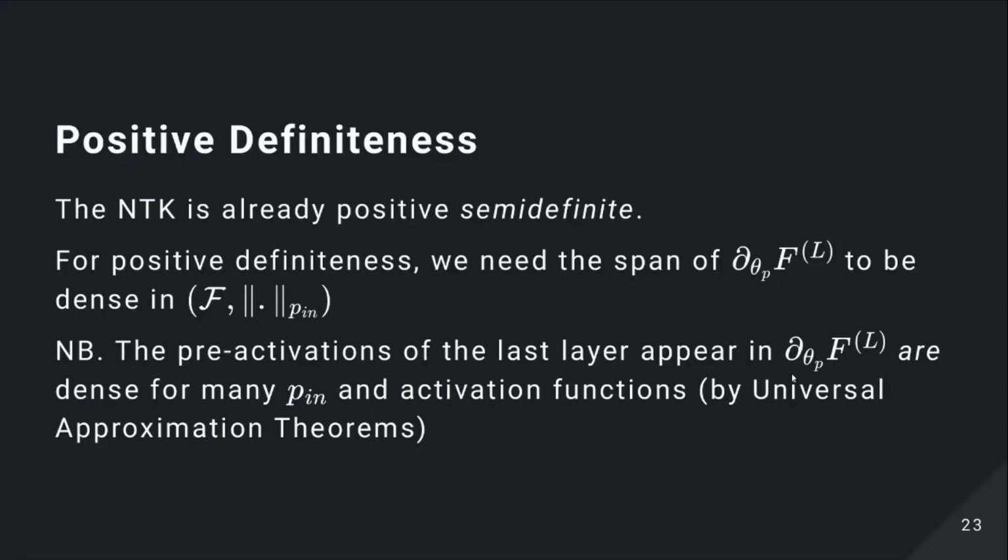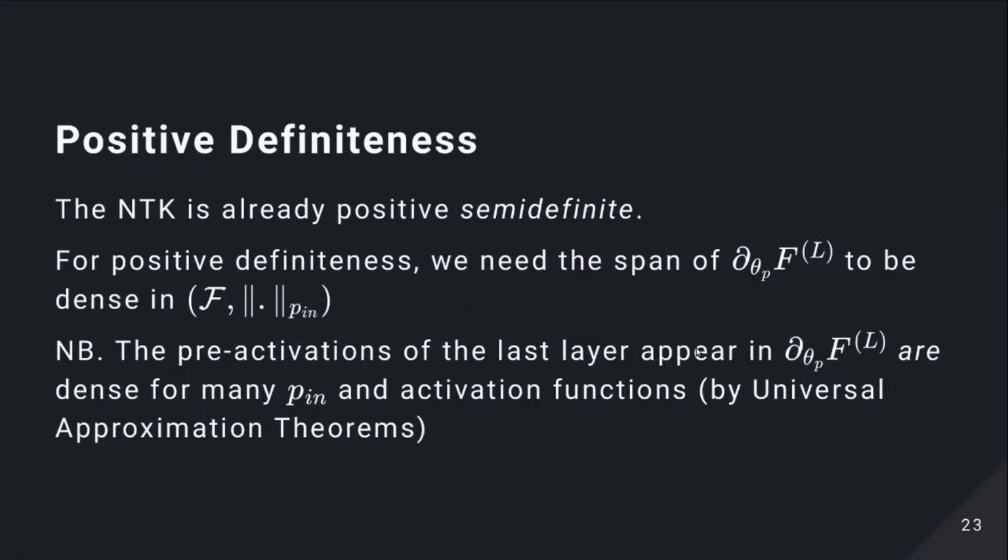If you imagine you take a neural network and just ignore the last nonlinearity, well, we know that neural networks are universal approximators. We have some nice theorems for that. And so, at least for many input distributions and activation functions, this is not a problem.